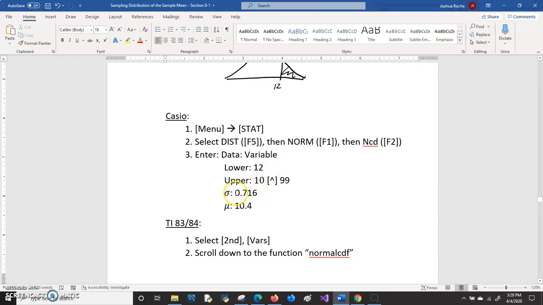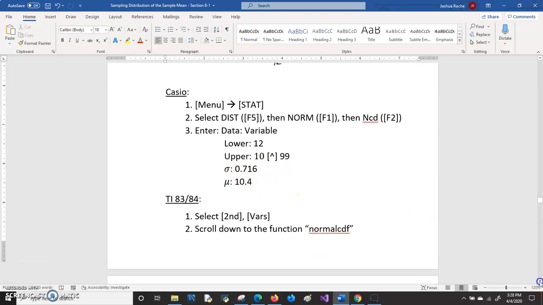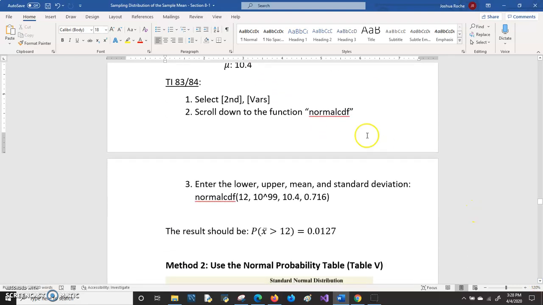And the only difference is that when using NCD now, the standard deviation is smaller because our sample size is larger. So we put in 0.716. On the calculator, still use normal CDF, but again, the only difference is the standard deviation is now smaller. And so that probability is going to be 0.0127.